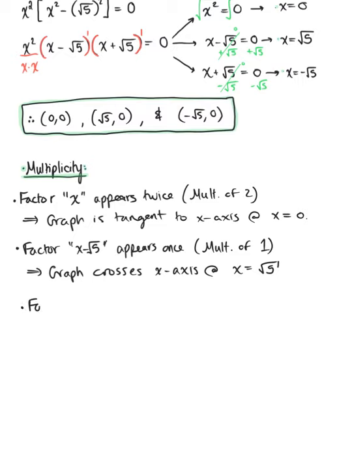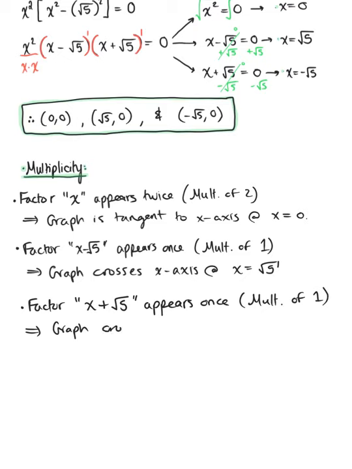So we can say that the factor x plus the square root of 5 appears once, meaning it has a multiplicity of 1, which is odd. And so therefore, the graph crosses the x-axis at this 0. So it crosses the x-axis at x is equal to minus the square root of 5.